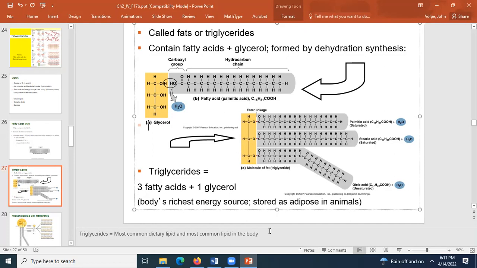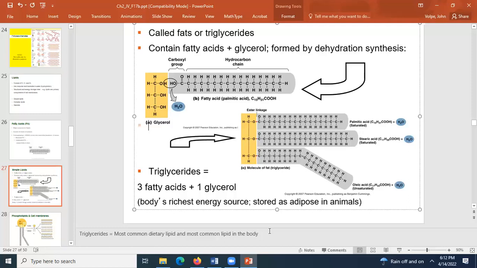The best source for getting more energy per weight of the molecule is to eat a lipid. You'll get more energy from 1 pound of lipid than you would from 1 pound of carbohydrates or 1 pound of protein.